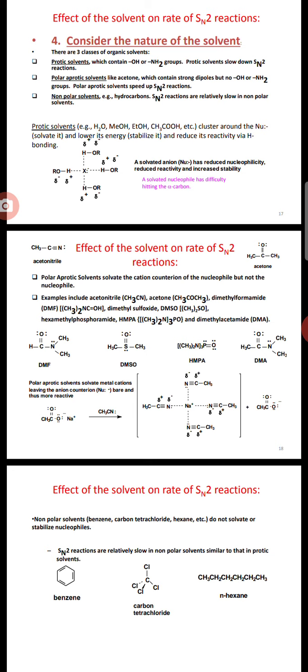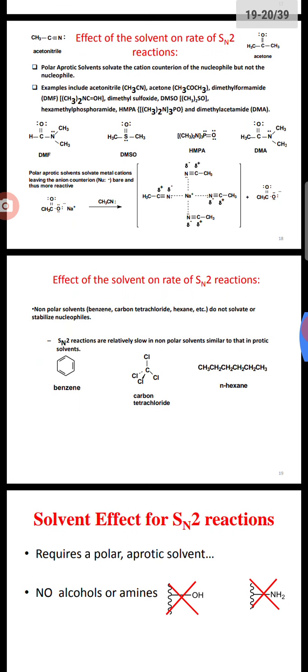Effect of the solvent on the rate of SN2 reaction: non-polar solvents such as benzene, carbon tetrachloride and hexane do not solvate and stabilize the nucleophile. Hence, non-polar solvents increase the rate of SN2 reaction.